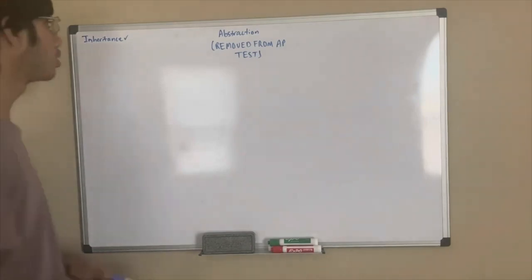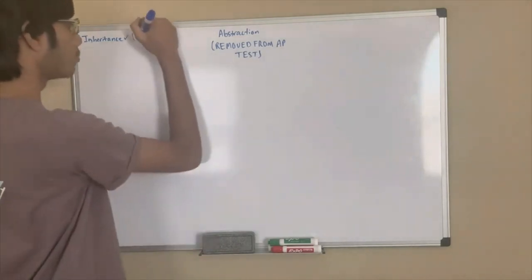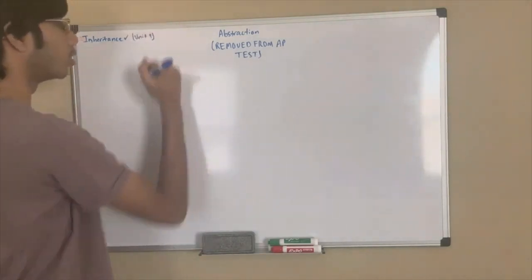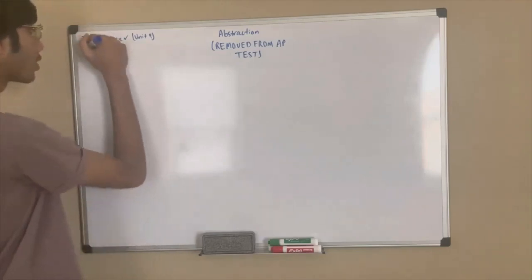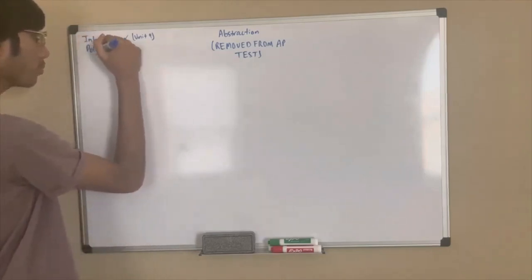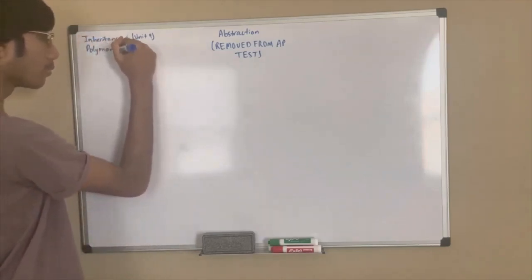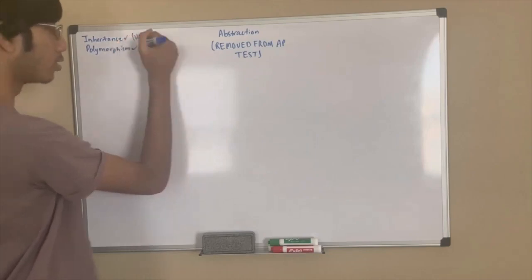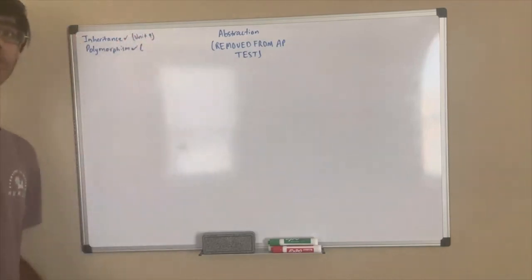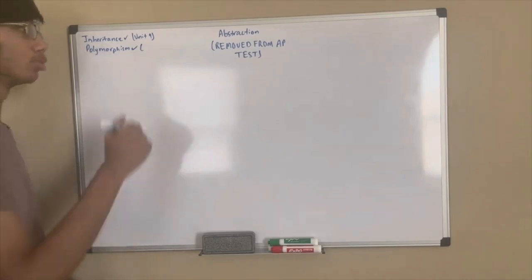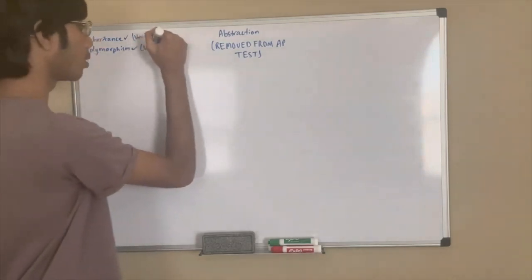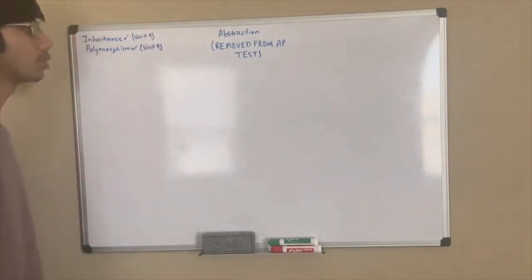Okay, so that's Unit 9. Unit 9 is inheritance. Next is polymorphism. Polymorphism is checked. It's just when an object undergoes many forms, when multiple classes are related to each other through inheritance. It's part of a sub-lesson in Unit 9, inheritance.